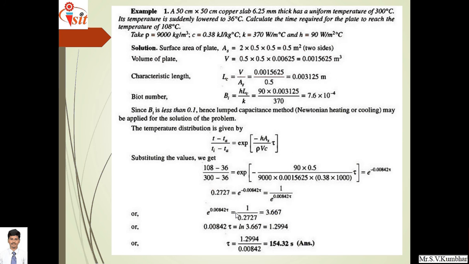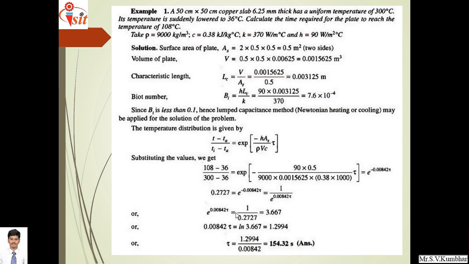So it's time to solve one numerical based on the lumped heat system. In this example, a 50 centimeter by 50 centimeter copper slab, 6.25 mm thick, has a uniform temperature of 300 degrees centigrade. Its temperature is suddenly lowered to 36 degrees centigrade.